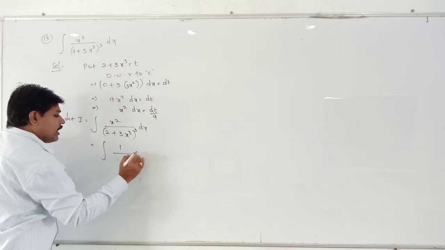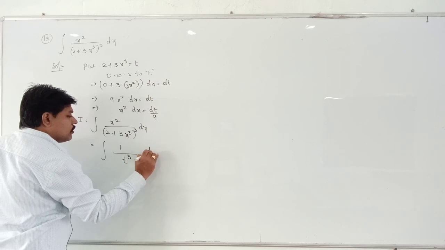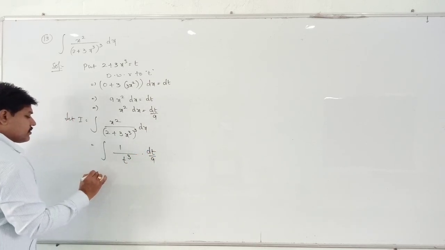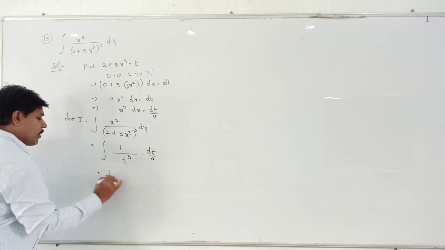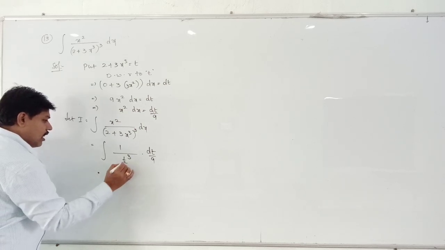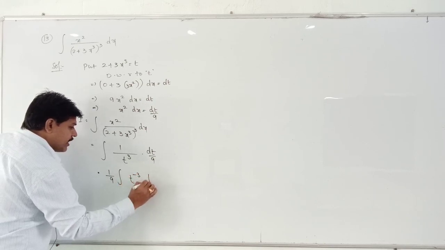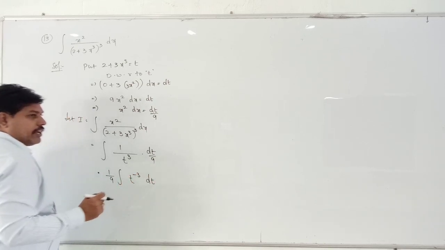So it will become t cube into dt by 9. So that is equal to 1 by 9 integral of 1 by t cube, you can write as t power minus 3 into dt.